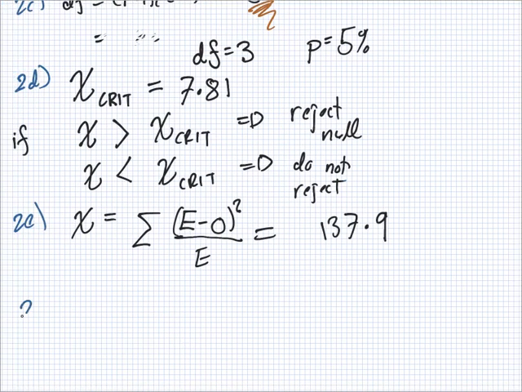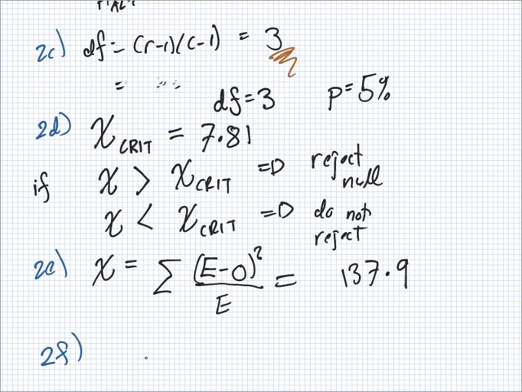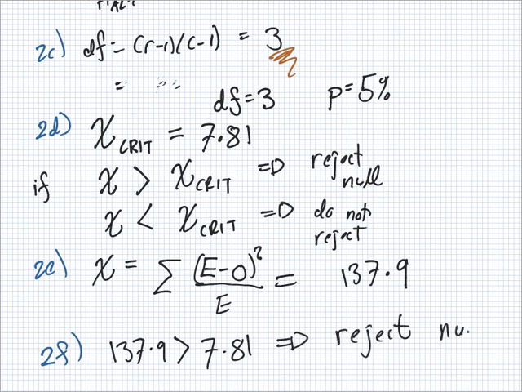What's next? Right, so what's the conclusion here? Since 137.9 is much bigger than 7.81, that leads us to reject the null hypothesis.